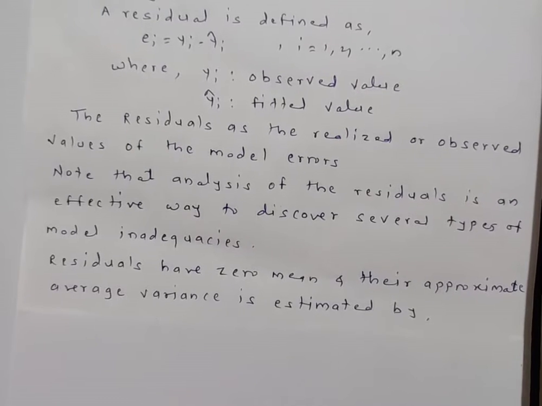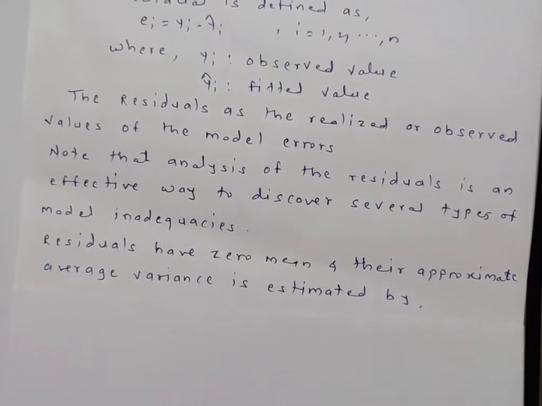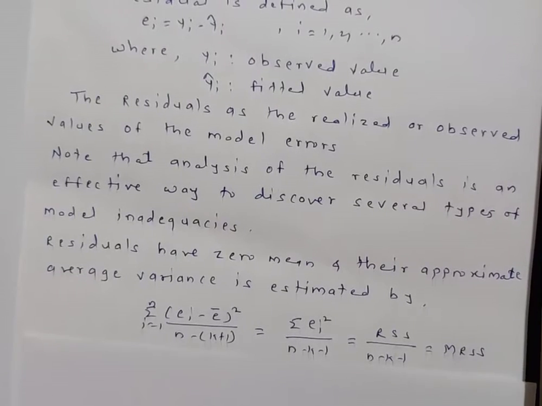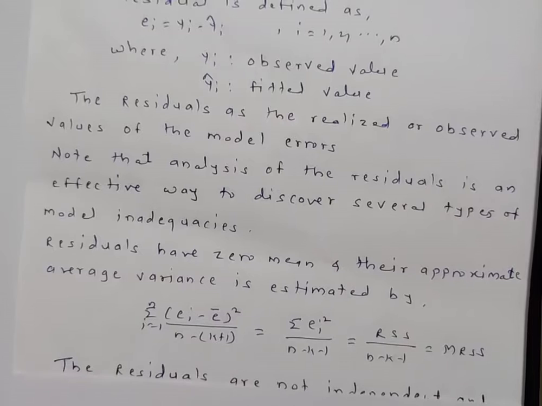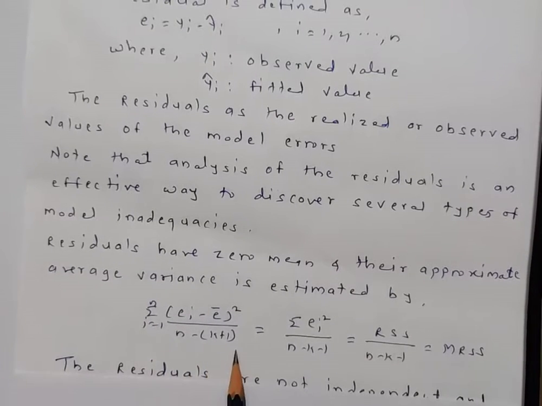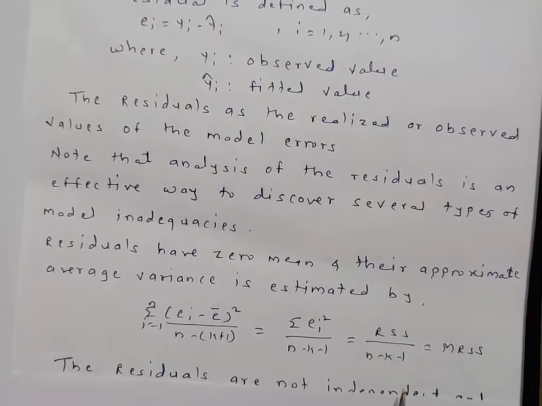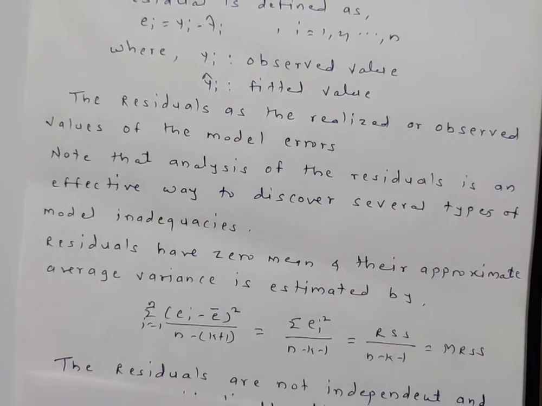So residuals have zero mean and their approximate average variance is estimated by summation of (e_i minus e bar) square divided by n minus k minus 1, which is equal to summation of e_i square divided by n minus k minus 1, that is equal to RSS divided by n minus k minus 1, which is MRSS.